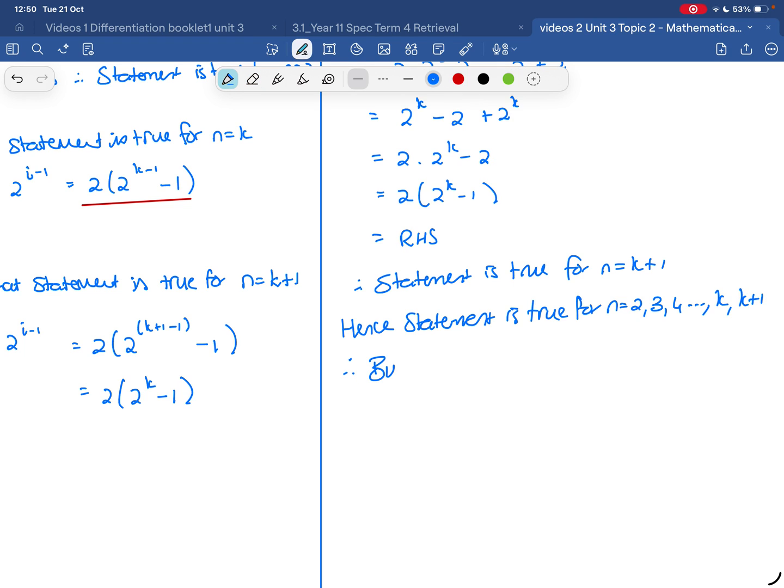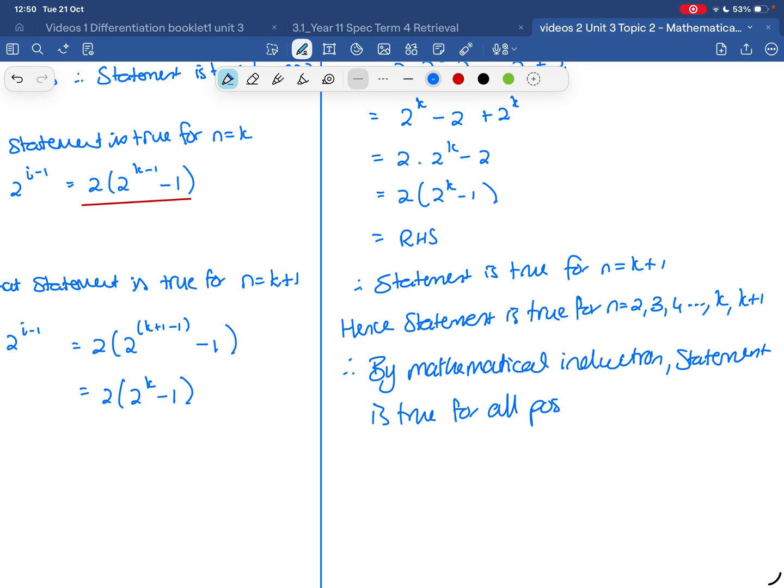Therefore, by mathematical induction, my statement is true for all positive integers n greater than 1.